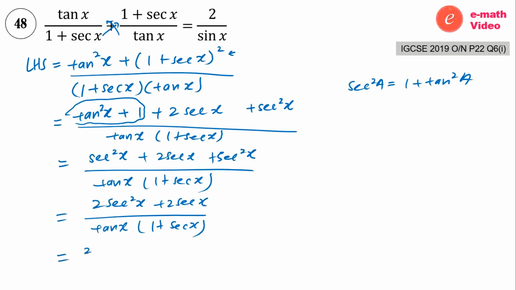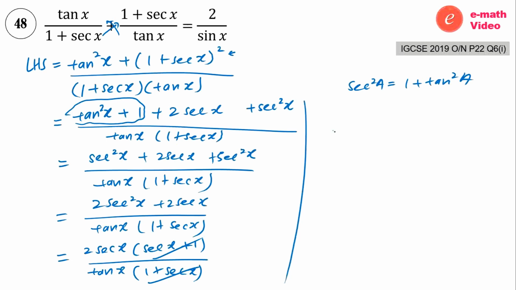On top, we can factor out 2 secant x. So secant x plus 1 over tangent x times 1 plus secant x. This and that can cancel. I write here 2 secant x over tangent x. So I need a 2 over sine x.